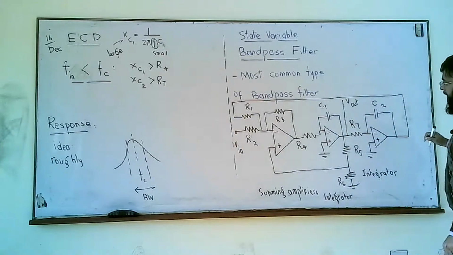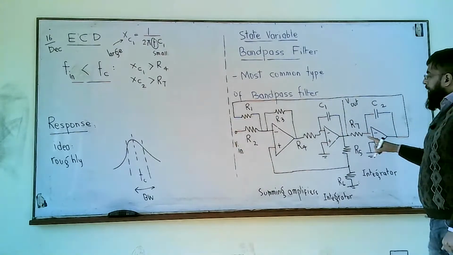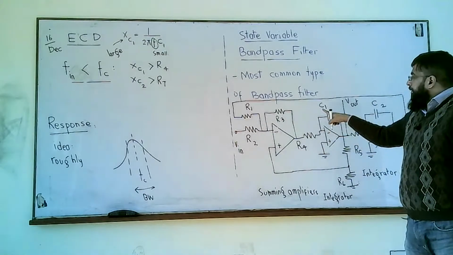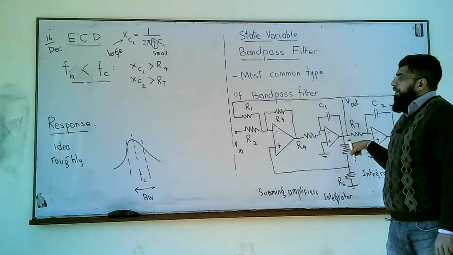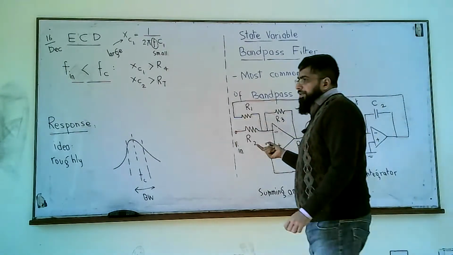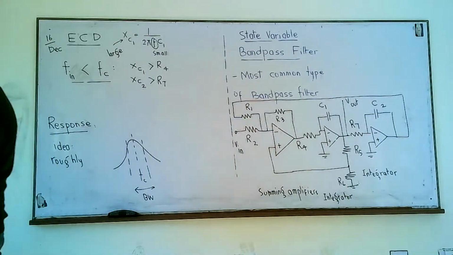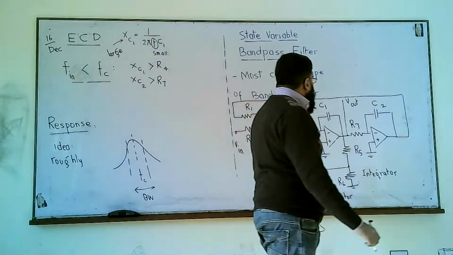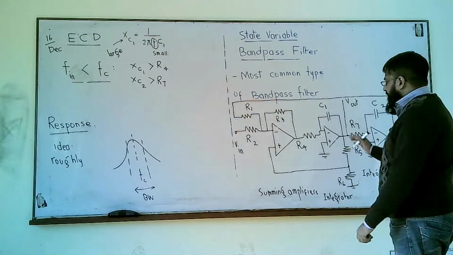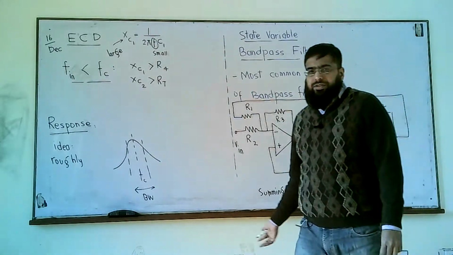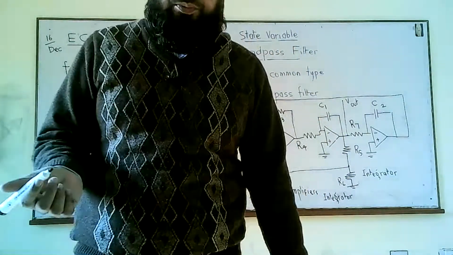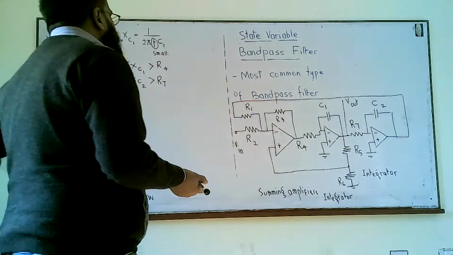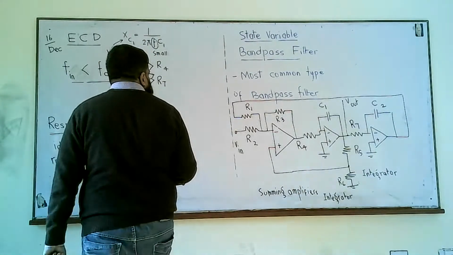So this means that if XC is much greater than the series resistor, the phase shift introduced by this capacitor is almost 90 degrees. We have studied earlier that if XC is much greater than the series connected resistor, the phase shift is very close to 90 degrees. The max phase shift an RC circuit can introduce is 90 degrees.